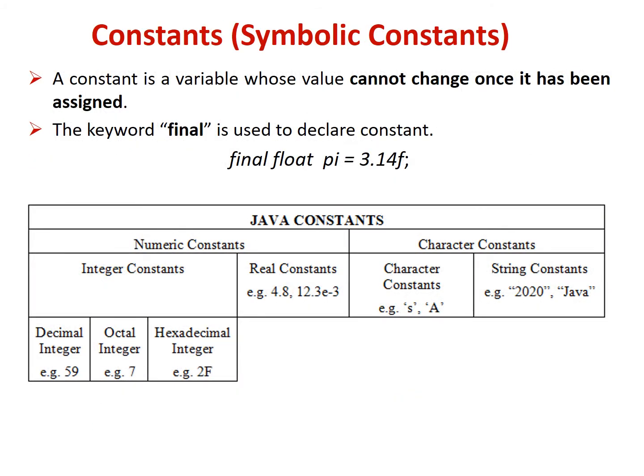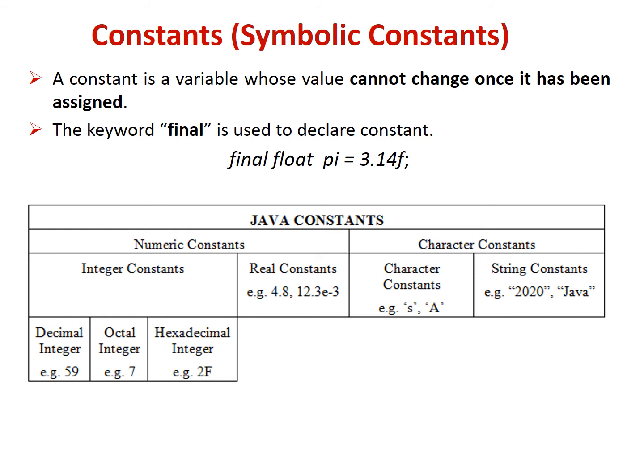Constants. A constant is a variable whose value cannot change once it has been assigned. In Java, the keyword final is used to declare a constant. As shown in this example, pi is a float type constant, or we call it a final, having the value 3.14.